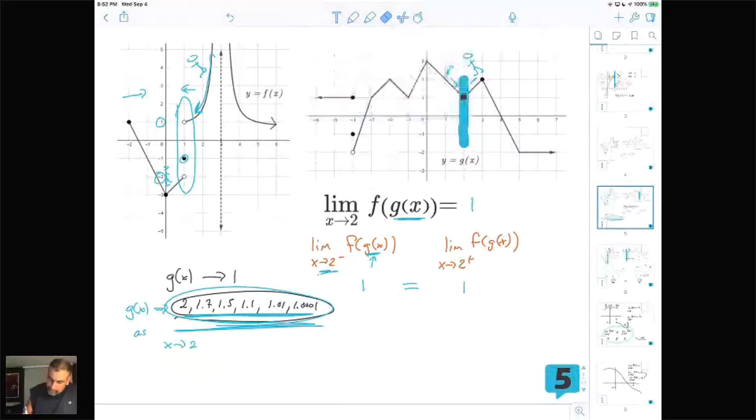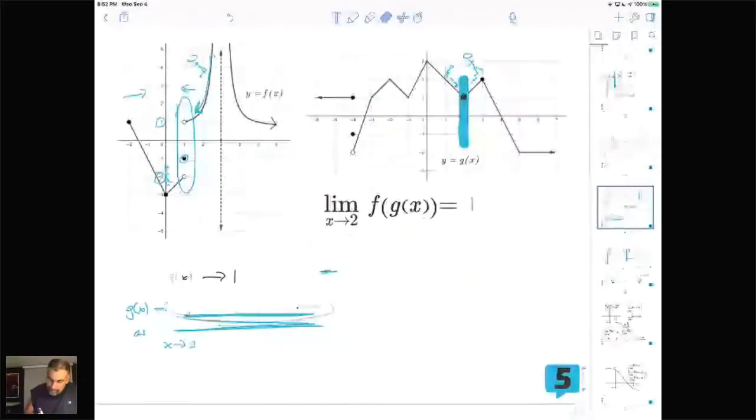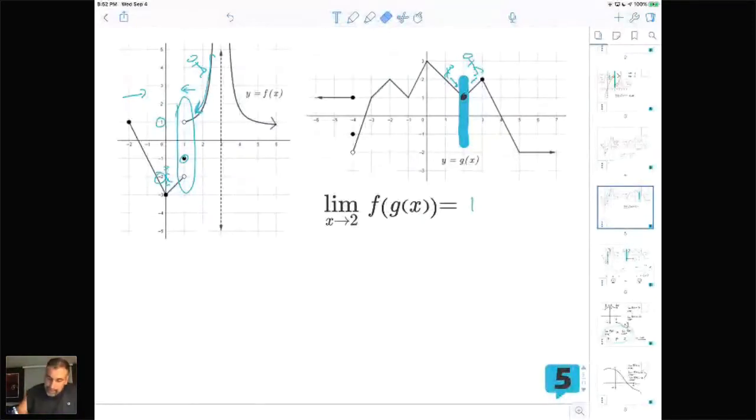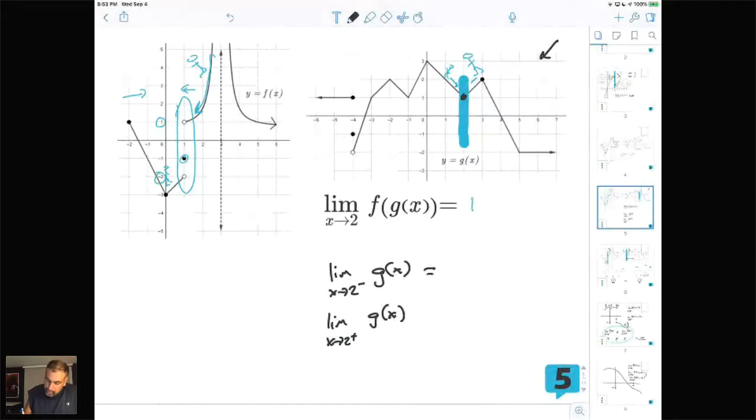Let me just kind of start. The key to this one, and this is the tricky one, is to understand when you look at the limit as x approaches 2 of g of x, that's this graph right here. You're going to agree that regardless of whether you come from the left or from the right, we're going to get the answer 1.